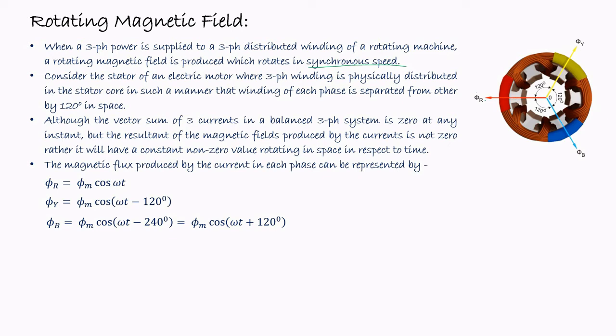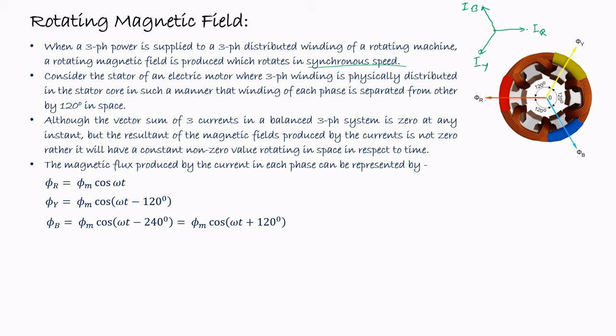As we can see, when the three-phase power supply is given to the stator winding, the three-phase current will flow in the stator, and the phasor diagram of the three-phase current can be represented as IR, IY, and IB. For a balanced and symmetrical system, the magnitude of each current will be the same, as well as their phase difference is also equal.